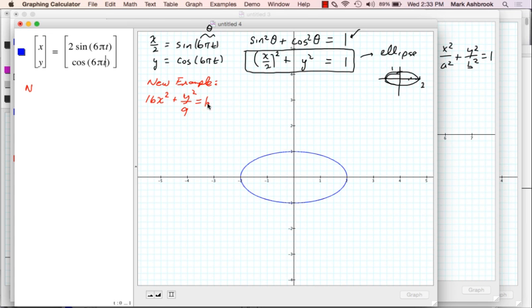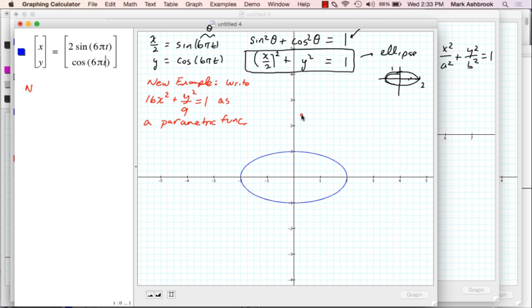So take this thing we just investigated and write that as a parametric function. Okay, before you do that, sorry. Put that on hold for a second.